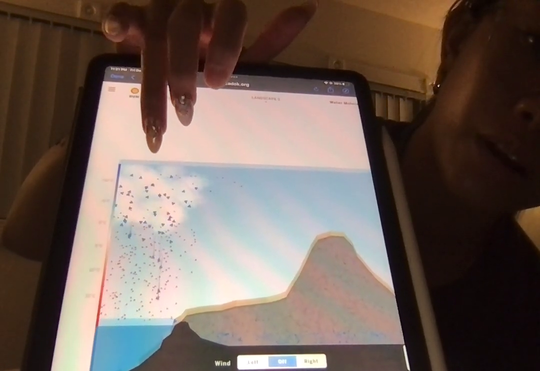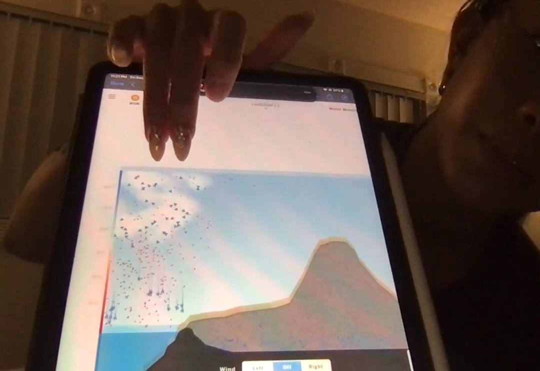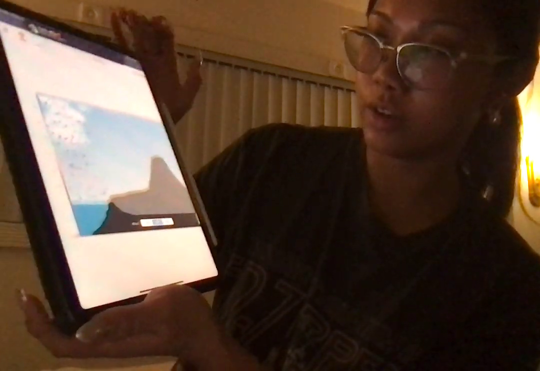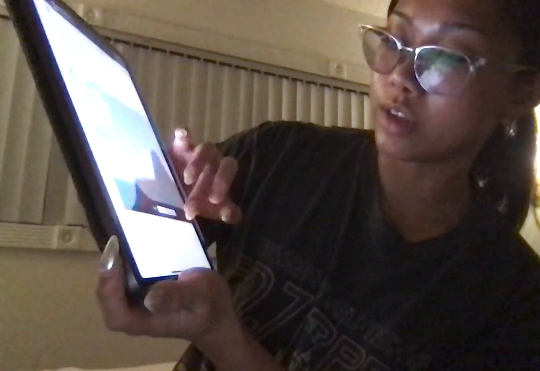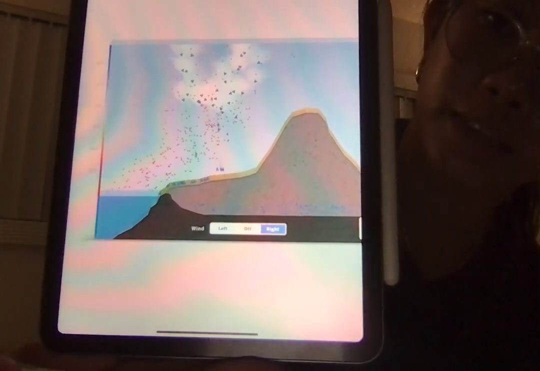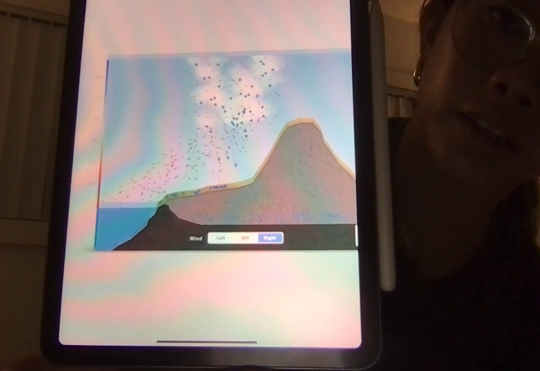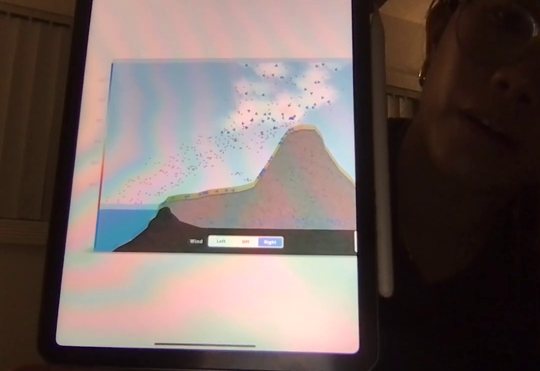In order for water vapor to condense and turn into liquid water, it has to reach a certain temperature. Now, if we were to turn the air on to the right towards the mountain, we can see that we're finally getting some rainfall on the mountain itself. And you can see that it's pretty rapid rainfall.